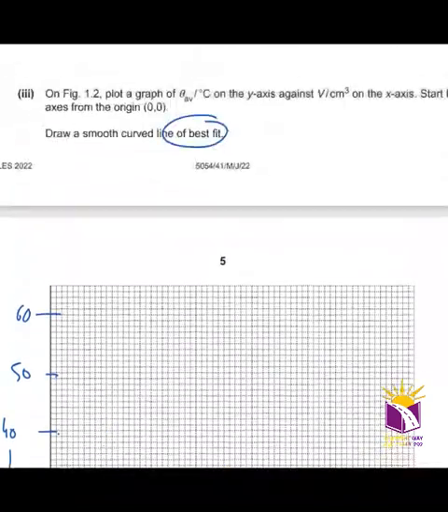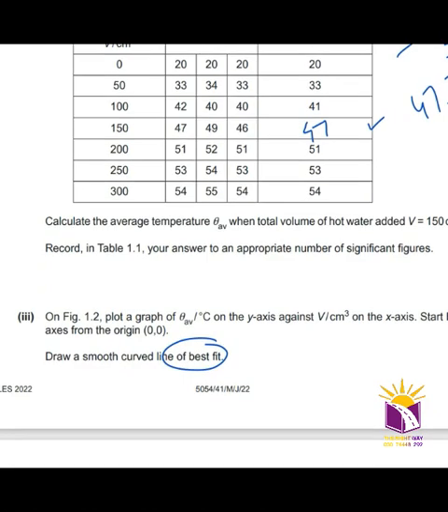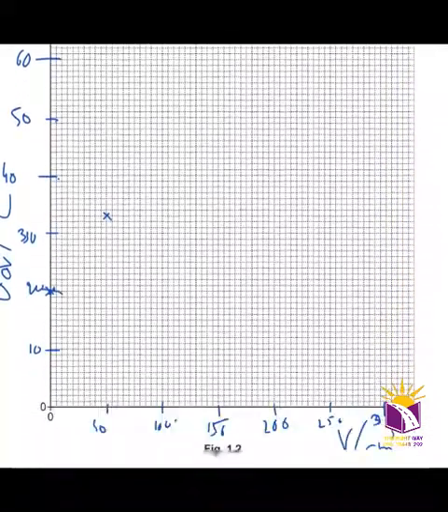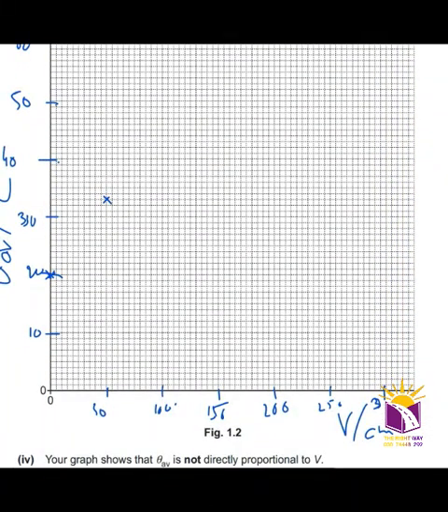And for 100 the temperature is 41, and for 150 it is 47. So 41 at the 100 line: 41, 2, 3, 4, 5, 6, and it will be here. 47.